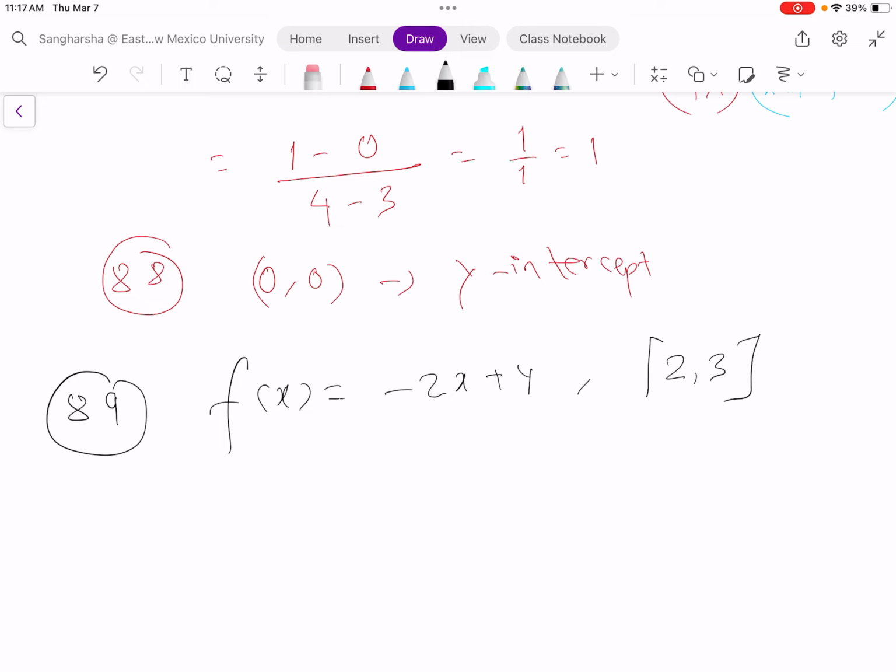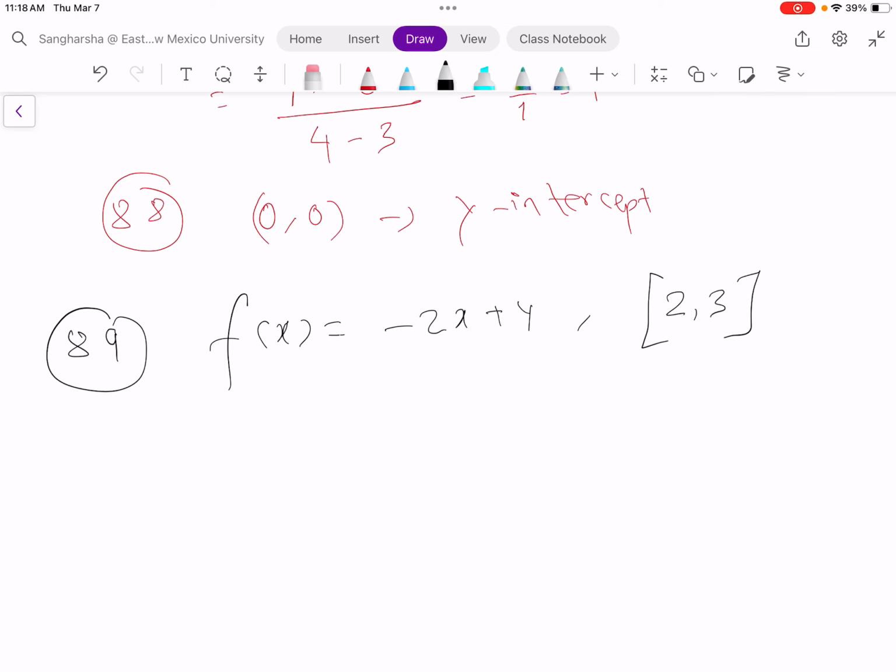This is the interval given to us. Let's call this our x1. Since this is an interval, the next is also an x coordinate. It's not x1, y1 here.